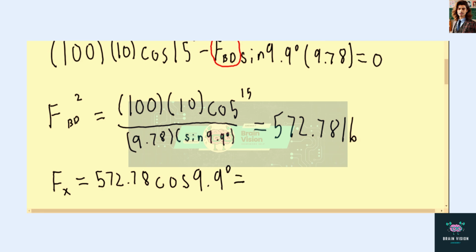And this will give us a force of 564.18 pounds, and this is pointing in the right direction.